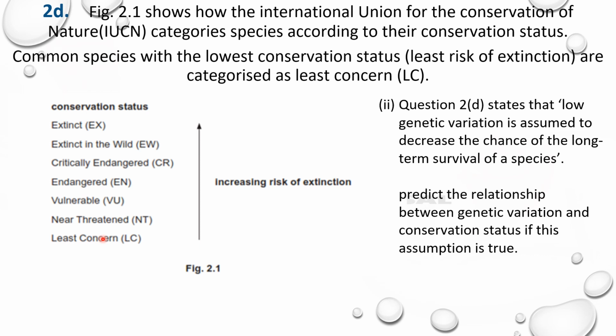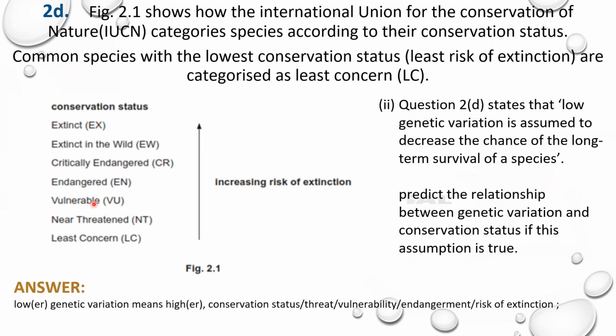So the more genetic variation we have, the lower the conservation status. So these ones have more. That's what I'm trying to say. These ones have more variation, because they are the base of this conservation status. The one at the top here has less variation. That's why they can easily go into extinction.